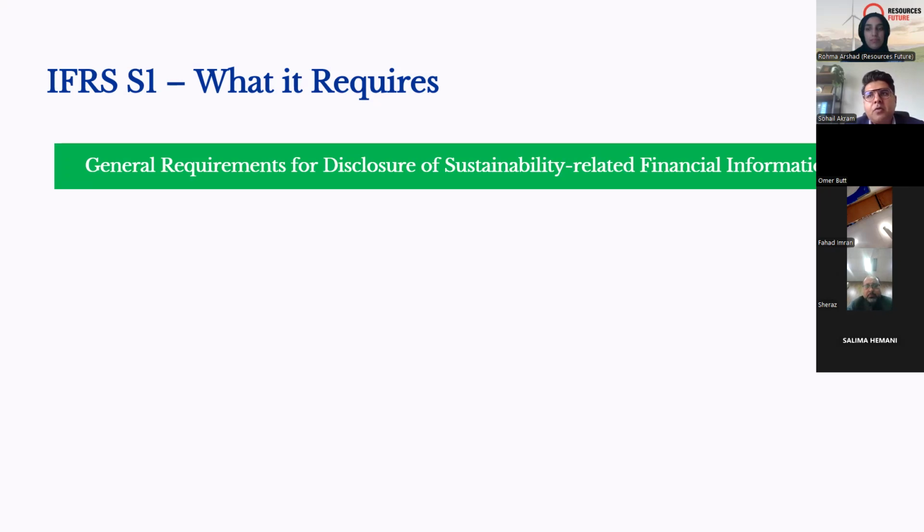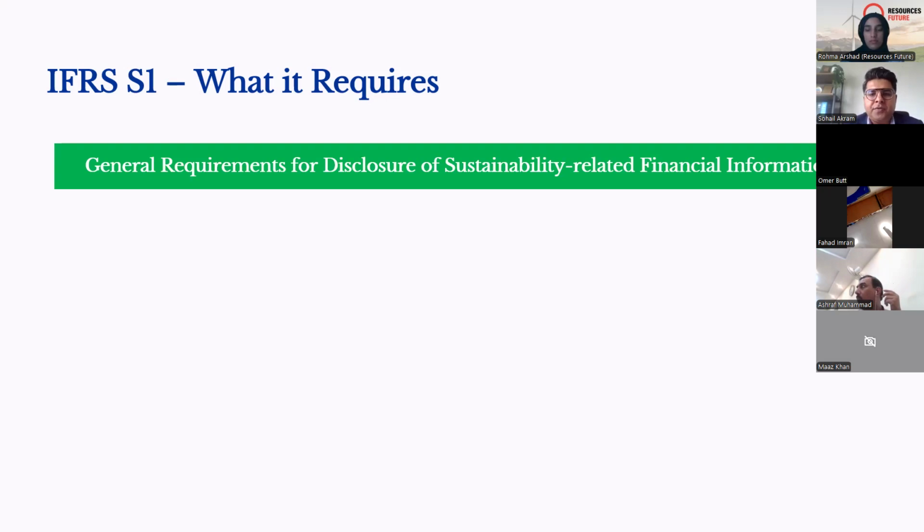So now comes the question: who are the primary users? The primary users for sustainability reporting of any entity, as far as S1 is concerned, are similar to those involved in financial reporting. The primary users of the financial statements of an entity are the providers of finance: investors, shareholders, prospective investors, creditors, lenders.